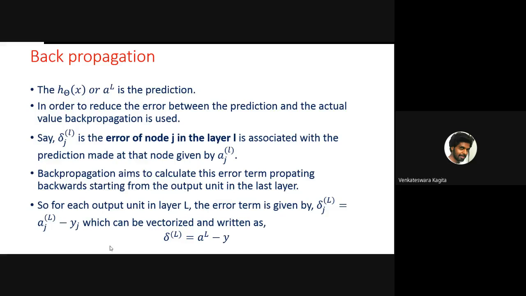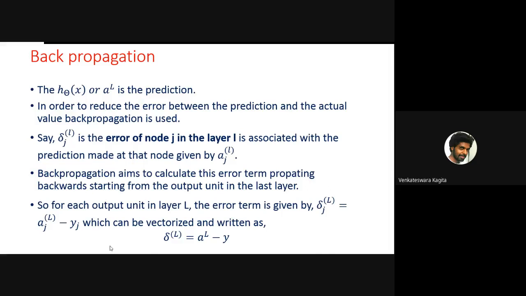That is a known fact. At the end, what do you want? We want to reduce the error between the prediction and the actual value, isn't it? Whatever model we use, either linear regression, logistic regression, neural network, SVM, decision tree, at the end we want to minimize the error between the prediction and the actual value.